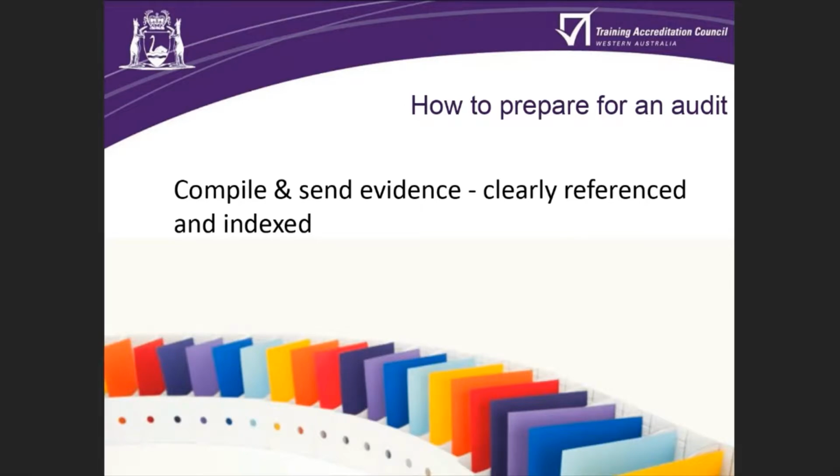It's a bit clunky sometimes, but we can usually see what you've submitted. But also the auditor may well come back to you and ask for some additional information once they've been assigned the audit, specifically for the changes of scope of registration. Again, the more clear you are about what you've submitted and what the name of the documents are, the better. But the auditor is entitled to come back to you and say, can I see a little bit more, and also to clarify any issues that they might have.